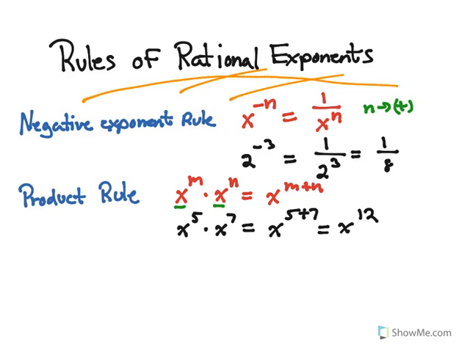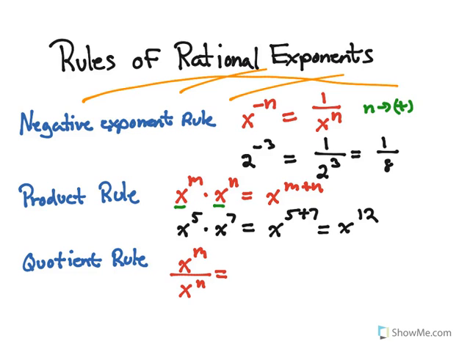The next one is called the quotient rule. Quotient meaning dividing, right? And that will occur when you have a division of two exponents.